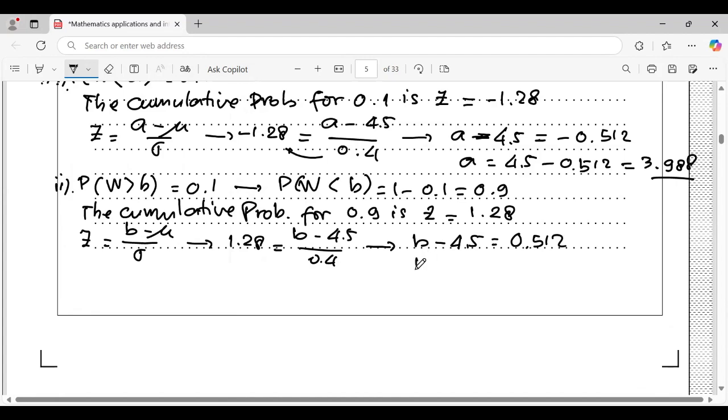So b equals 4.5 plus 0.512, and the result is 5.012. C.